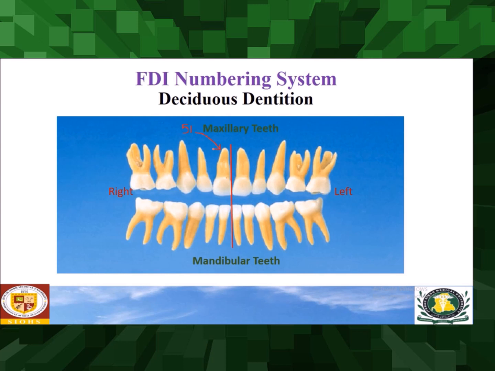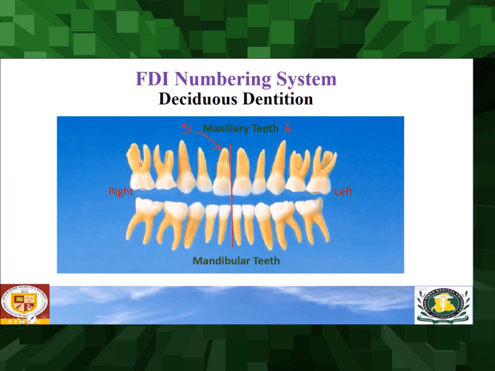The maxillary left canine. This is the central, this is the lateral, and this is the canine. The maxillary left quadrant is represented by the number 6, and this tooth is the third tooth from the midline: 1, 2, 3.